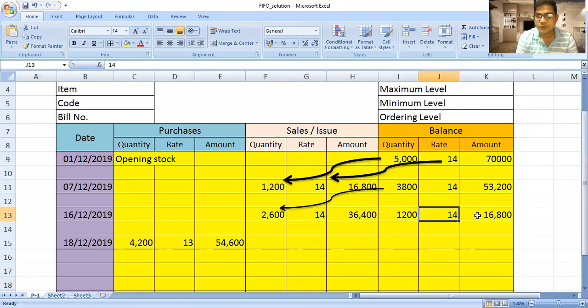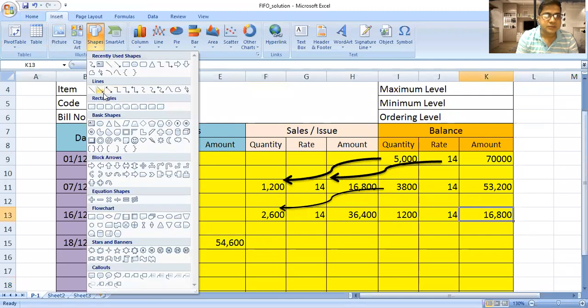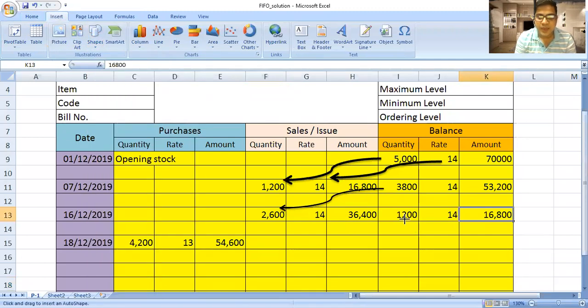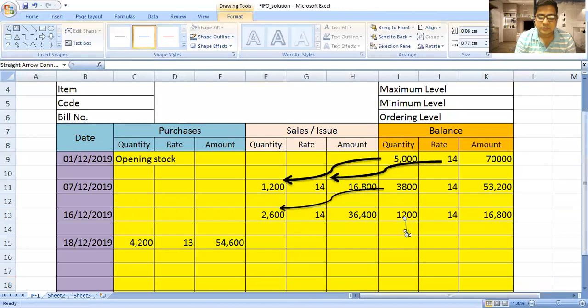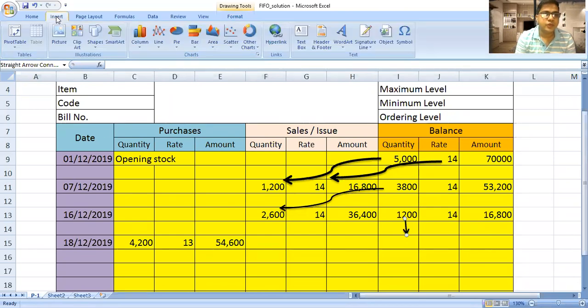Their rate is 14 and 16,800. This balance we have to keep as it is.